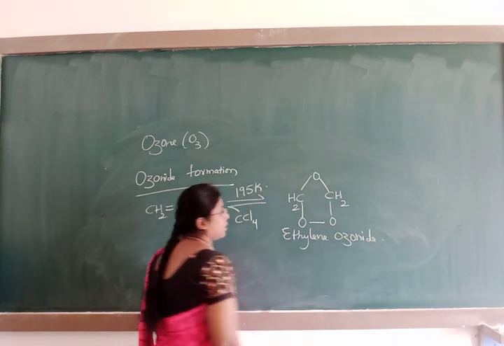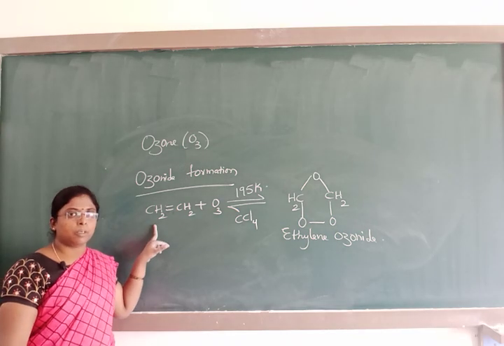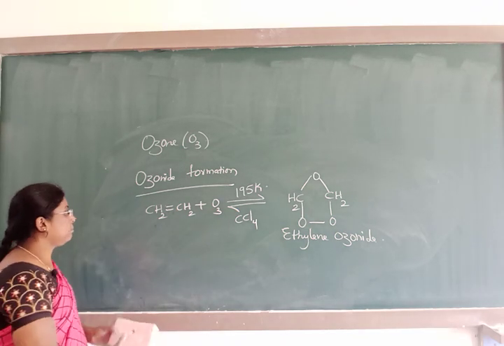In this way, ozonide formation takes place. You can take either alkene or alkyne.